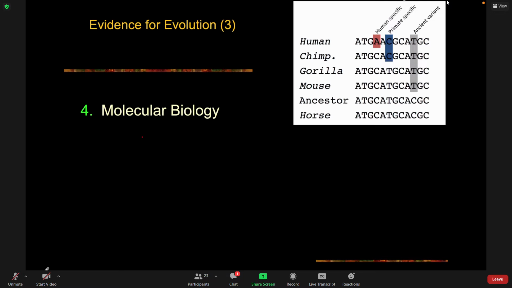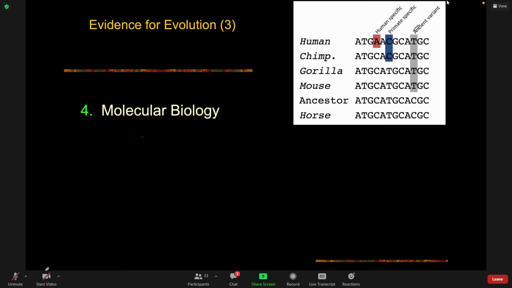And this is a figure from your textbook compiling it. It doesn't really tell me what DNA sequence this is, but I bet this is beta hemoglobin. So this is just one of the strands that codes for beta hemoglobin, in humans, chimpanzees, gorillas, mouse, the ancestor, and a horse.